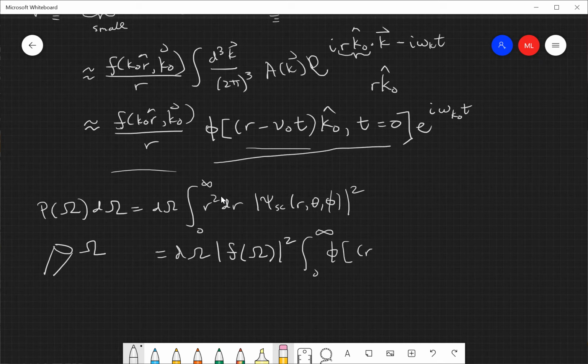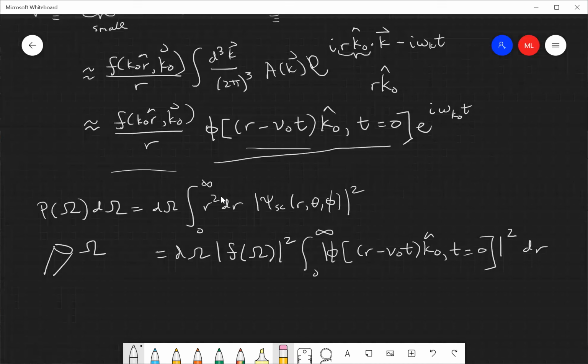So you get r minus v naught t, k hat at t equals 0, just the magnitude squared, and it's a dr integral.